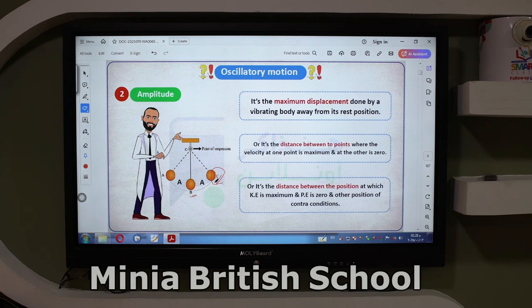Potential energy is at its maximum, but kinetic energy equals 0 at the other side at point C, and so the velocity is also 0. We can say that amplitude is the distance between the position at which kinetic energy is maximum, like here at point P, and potential energy is 0, like here at point C.